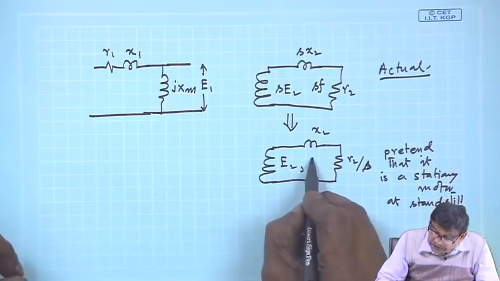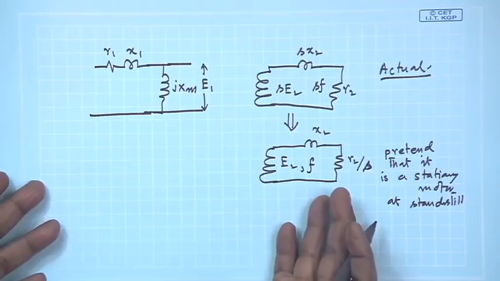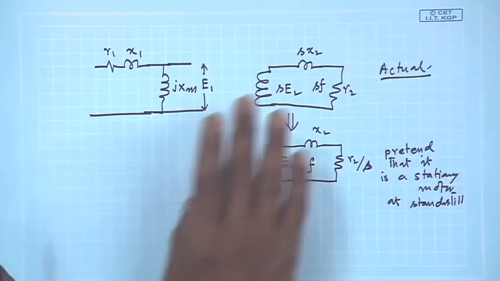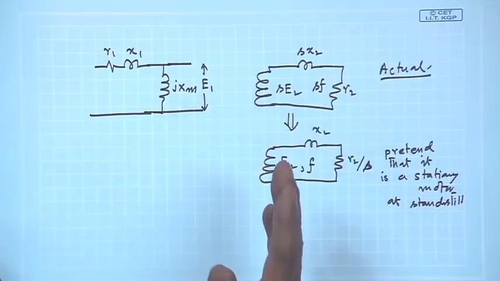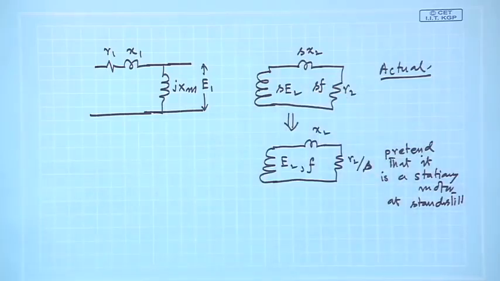Then this frequency has to be F, a standstill motor. So, this is simply E2 divided by S, because if you divide by S, what do you do with the frequency as F?